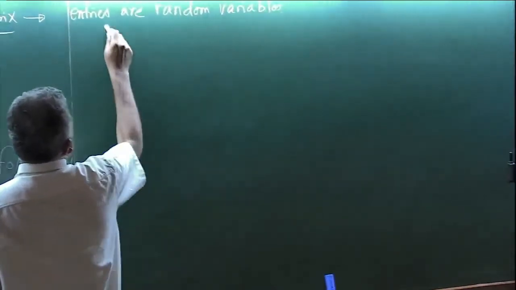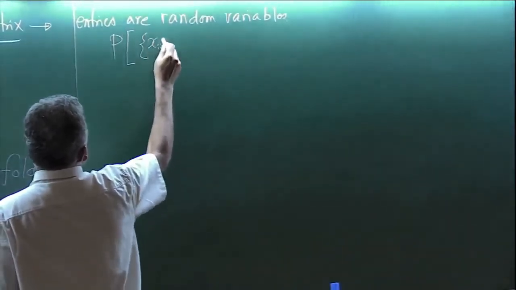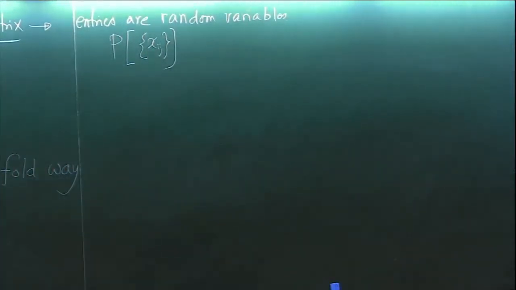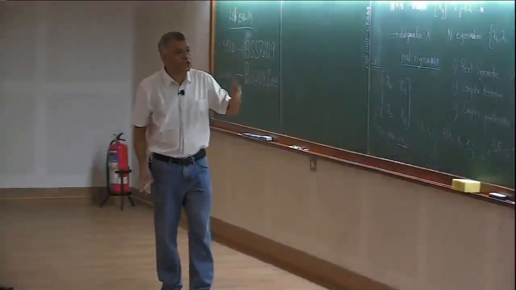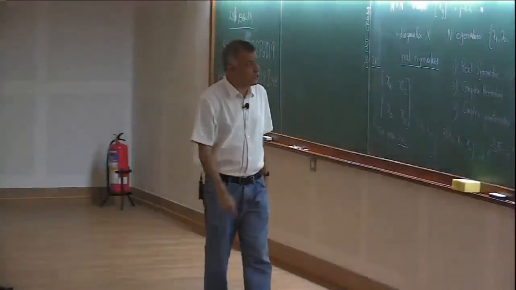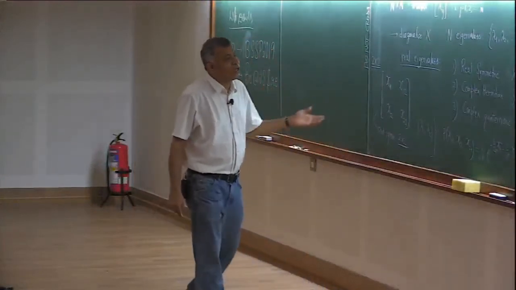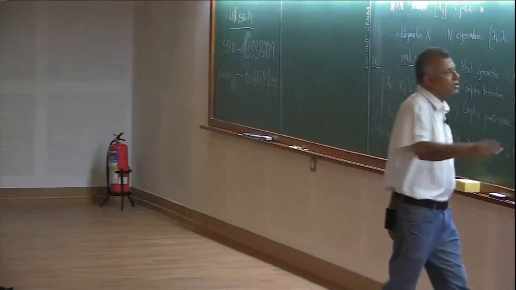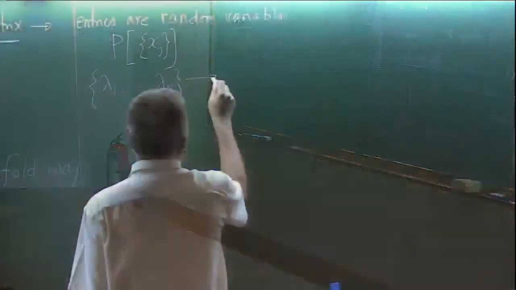In general, drawn from such joint distribution, which need not factorize like this. It will factorize if they are independent, but in general, you can choose from some joint distribution of the entries. And then once you choose your matrix, then you diagonalize. You get, let's say, for the real symmetric matrix, n eigenvalues, which are also then random variables.